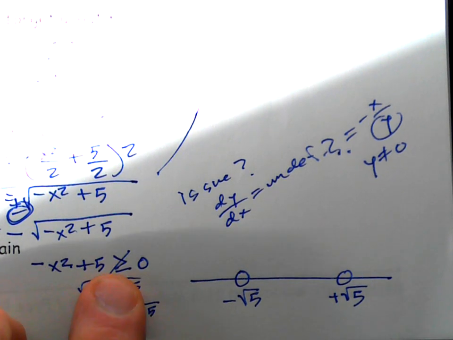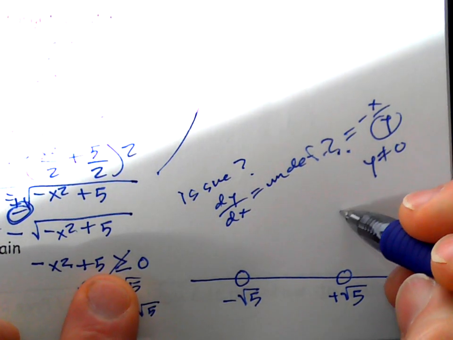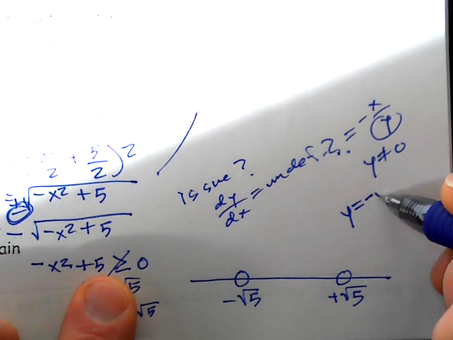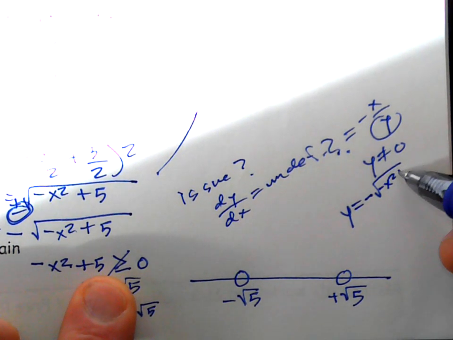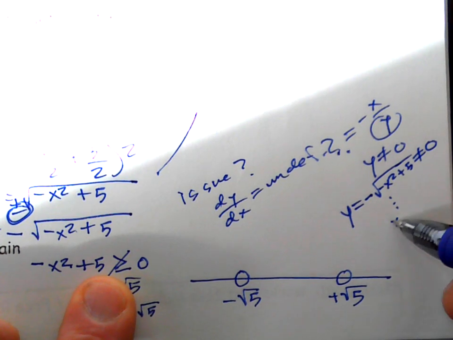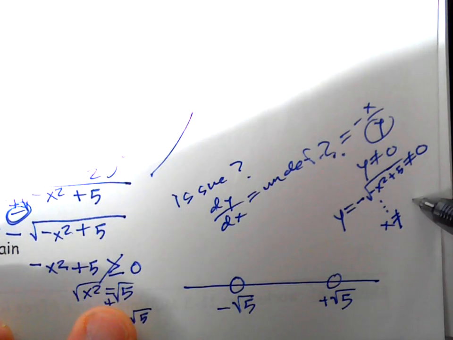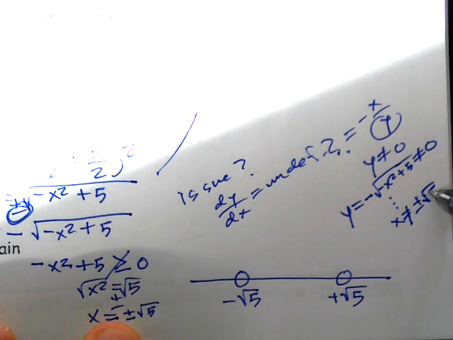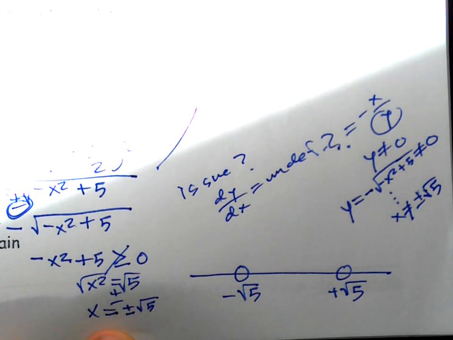In fact, we just found it. You could set your new solution equal to 0 and ask what x it can't be. Well, that was the plus or minus root 5 that we just found. So a lot of times the issue with the domain of the answer might be tied to issues with the derivative. That's not always the case. We're going to see some where that's not the case.